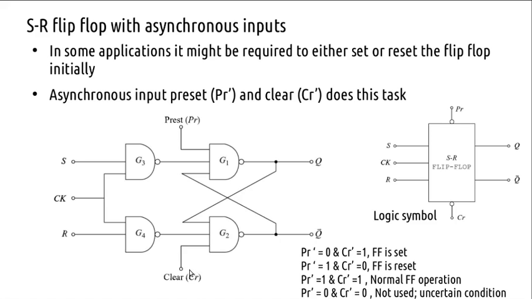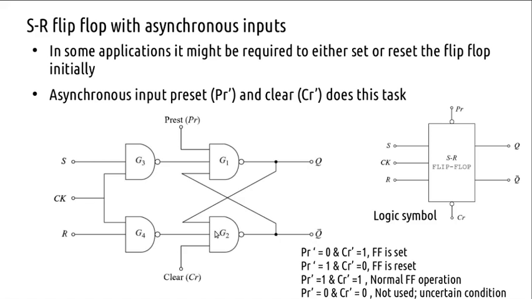Same case, if you give a 0 at the clear input, the flip flop is reset, that is Q bar becomes high, so then Q becomes 0. And if both are 1, it is normal operation, the flip flop responds to S and R inputs. In all cases, S and R inputs are asserted only when the clock is high.